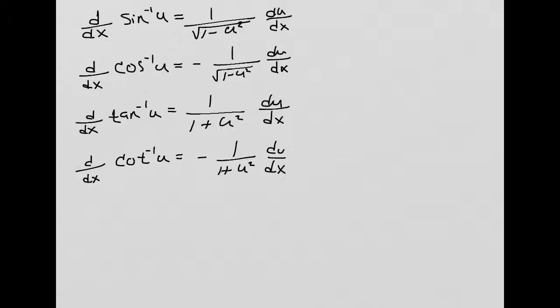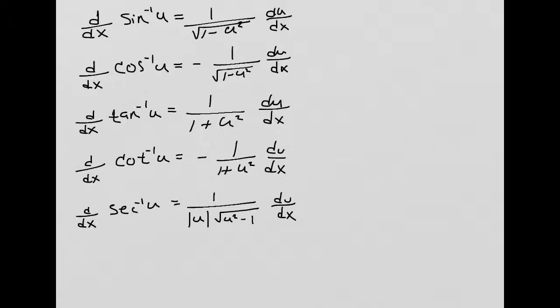The next one, we have the derivative with respect to x of the inverse secant of u, and that's going to equal 1 over the absolute value of u times the square root of u squared minus 1, du dx. And sine and cosine are opposites, tangent and cotangent are opposite.